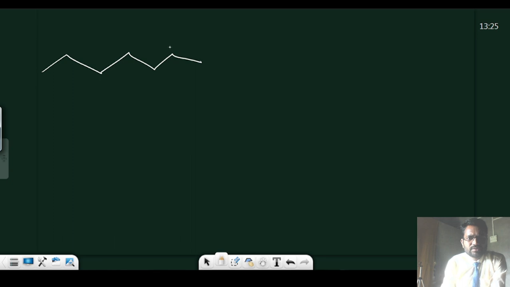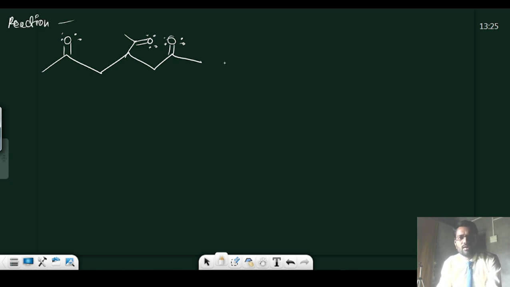These are the lone pairs of this particular oxygen. So this is intramolecular aldol condensation, and the base is sodium ethoxide.